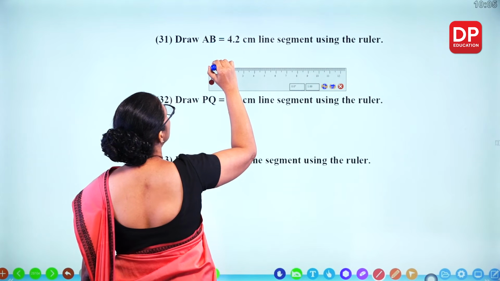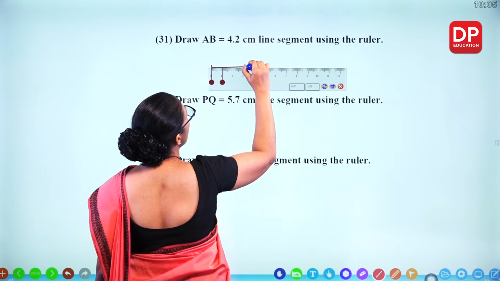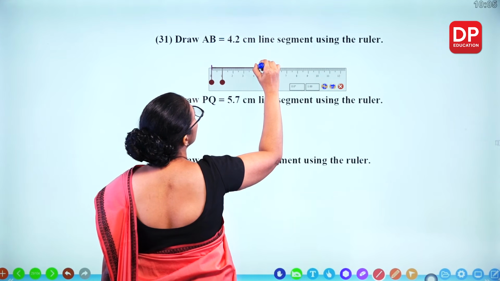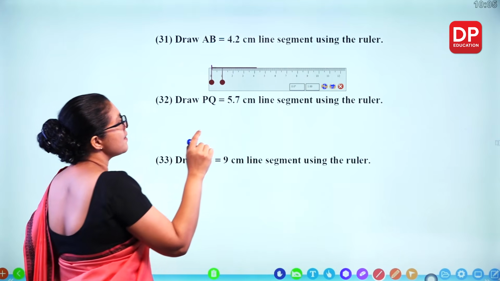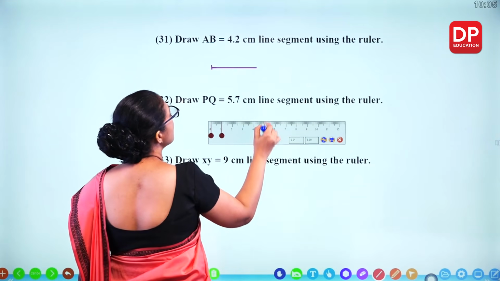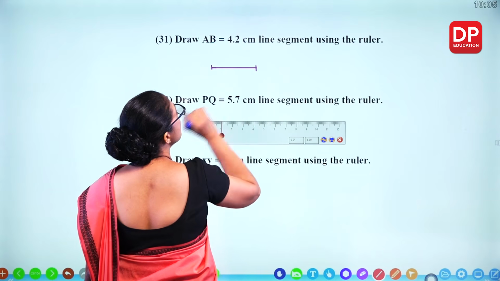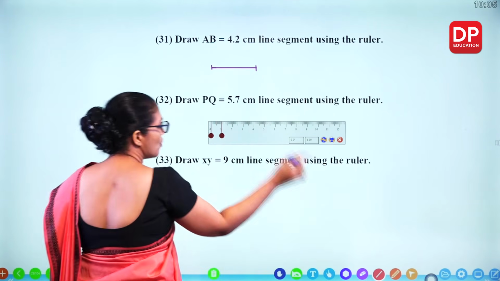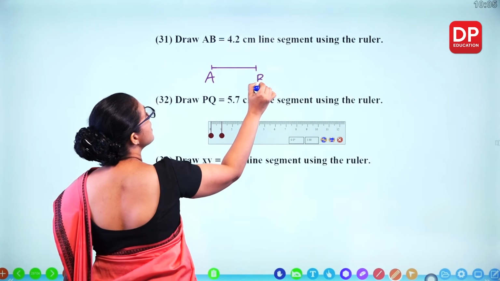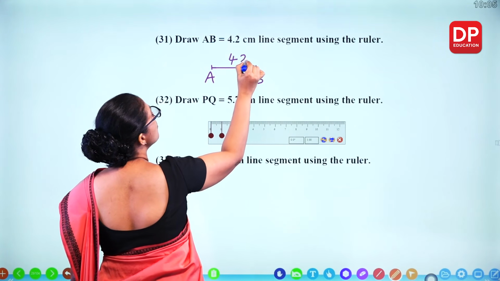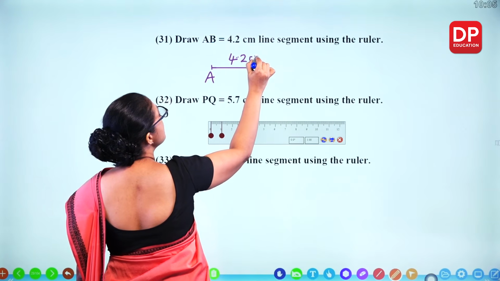So that means here to 4.2. Here, 4 centimeters and 2 millimeters. And then I can mark this point as B. So, A here, B. This is 4.2 centimeters.